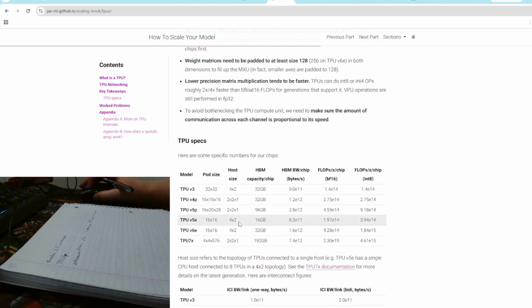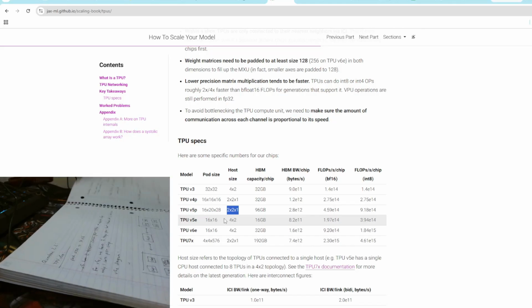So I'm guessing this host size means that there's 2 by 2 by 1. So there's 1 CPU per 2 by 2. So what did 4 by 2 mean again?